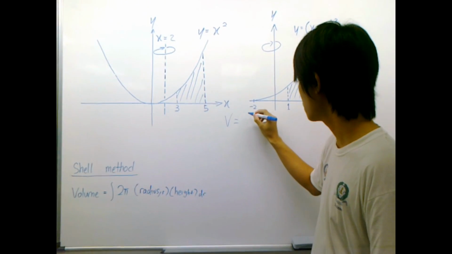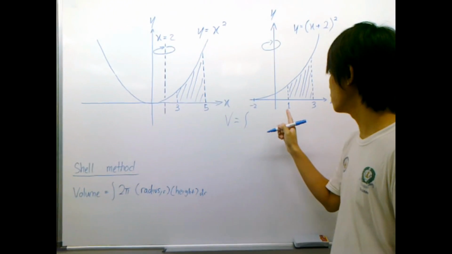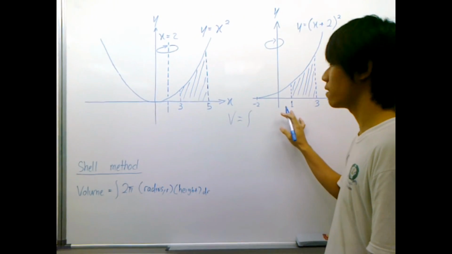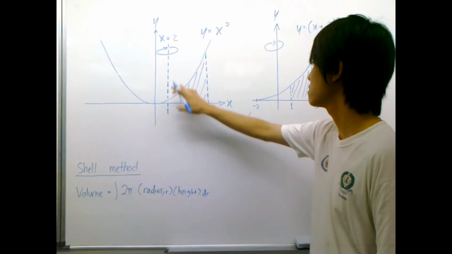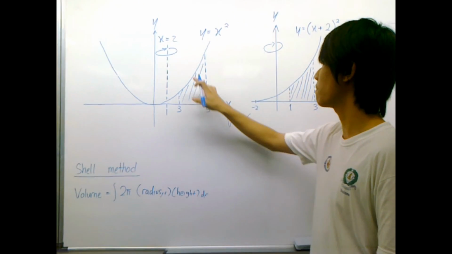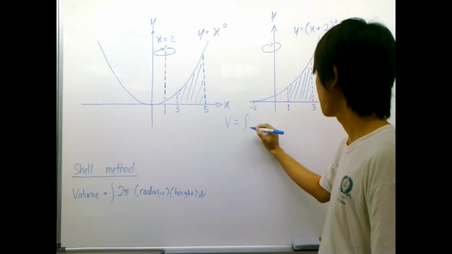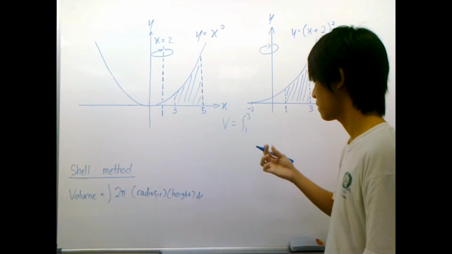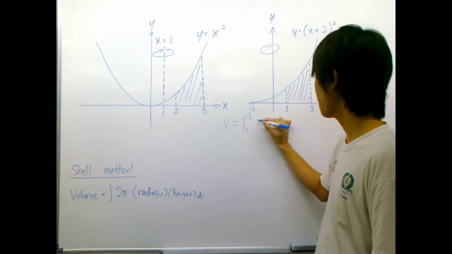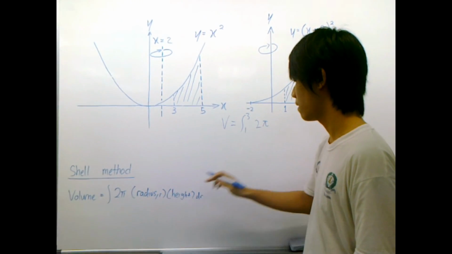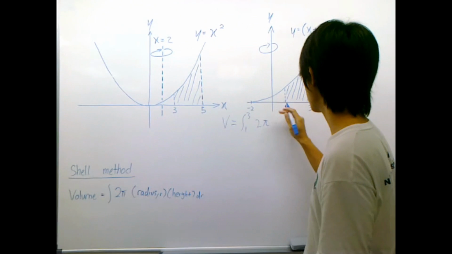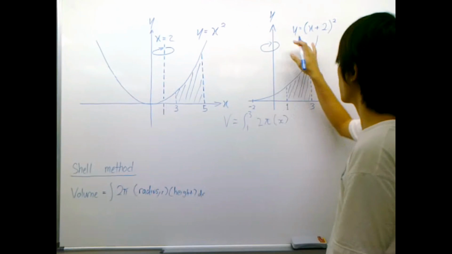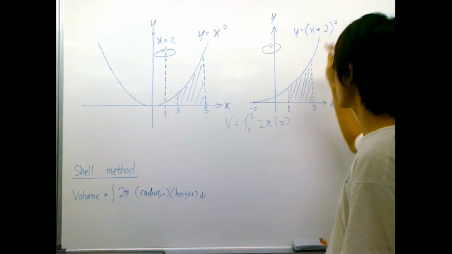Volume equals the integral. The limits would be 1 to 3, which is 3 minus 2, and 3, which is 5 minus 2. Then 2 pi, the radius, which is x, and the height, which is y, which equals (x plus 2) squared.